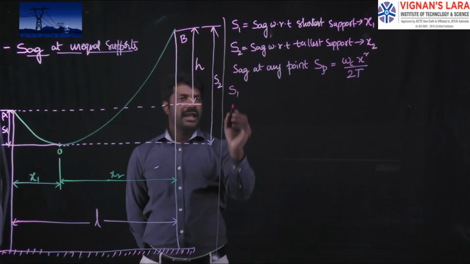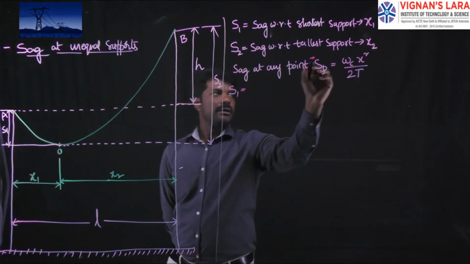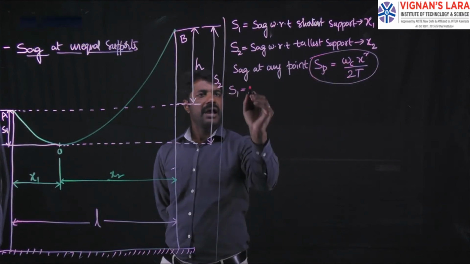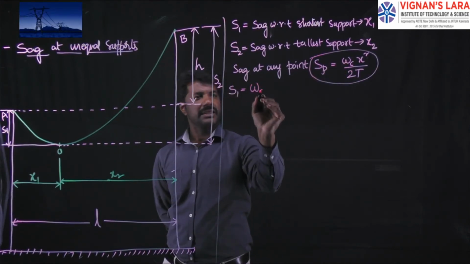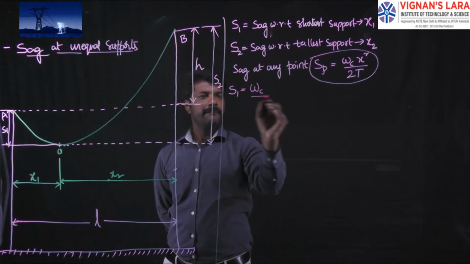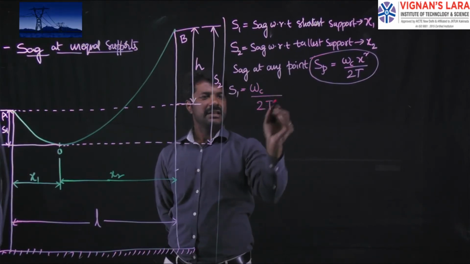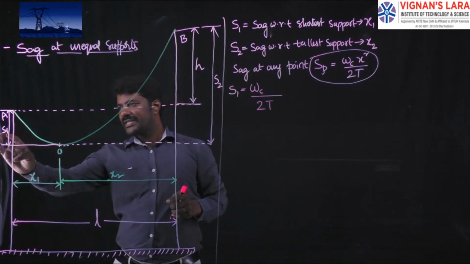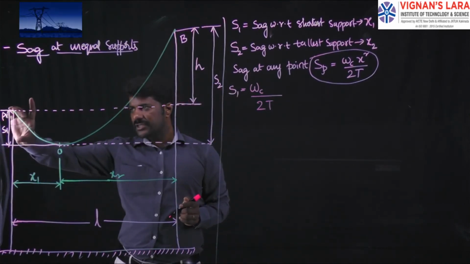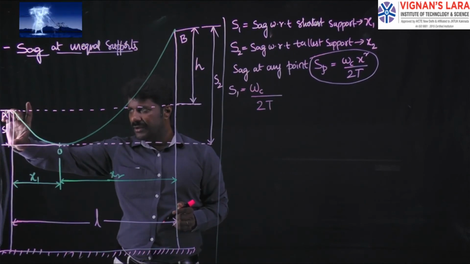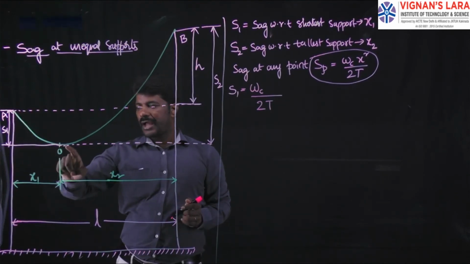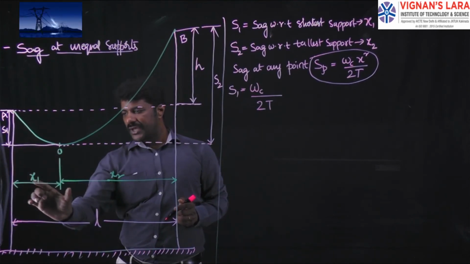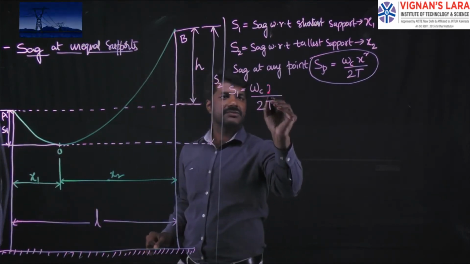First of all I have to follow the basic formula WC x square by 2T, where WC is the weight of the conductor per unit length and 2T is the general denominator. S1 is the sag measured with respect to the shortest tower at point O, and this point O is located at a distance of x1. Therefore I have to put x1 here.